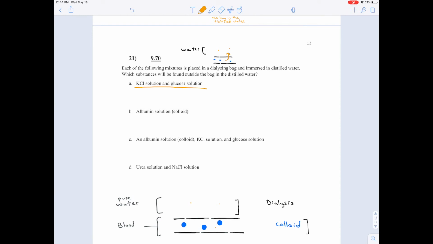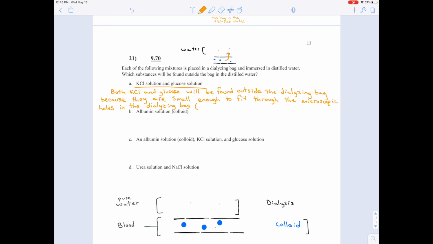And so you could say both KCl and glucose will be found outside the dialyzing bag because they are small enough to fit through the microscopic holes in the dialyzing bag, since they're not colloids.